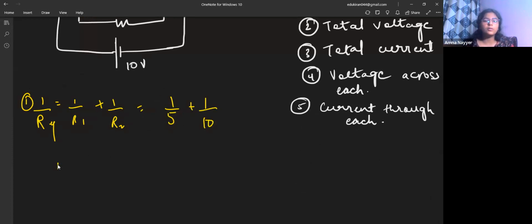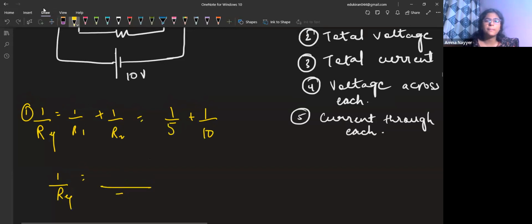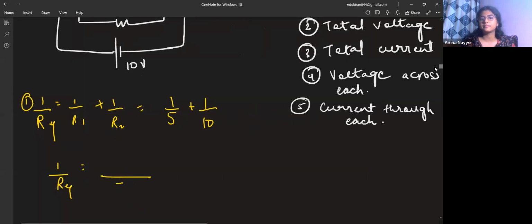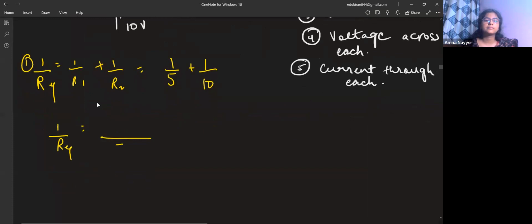Multiply this whole by the LCM, which can be 50, or you can take it directly as 10, and your answer will come. So that becomes 2 plus 1, which is 3 by 10. So this is my 1 by R equivalent.